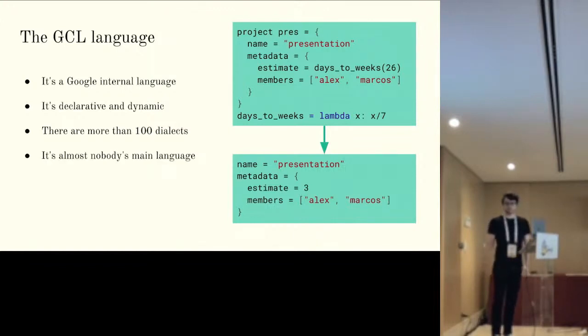Importantly, it's almost no one's main language. No one is sitting there every day writing GCL. They write GCL when they have to, when they're told to, or when something breaks and they have to change a GCL file. Similar to most configuration languages, developers occasionally use the language. It has drastically different paradigms from their normal, everyday languages.